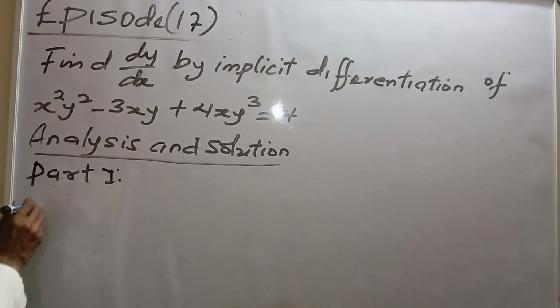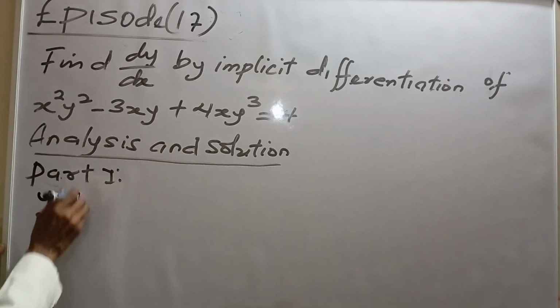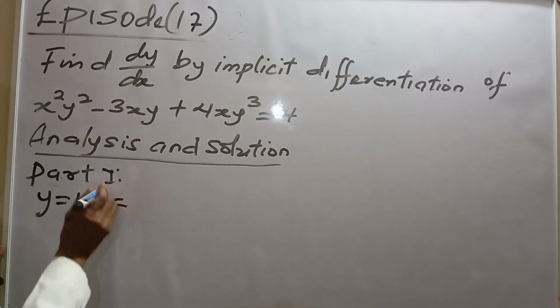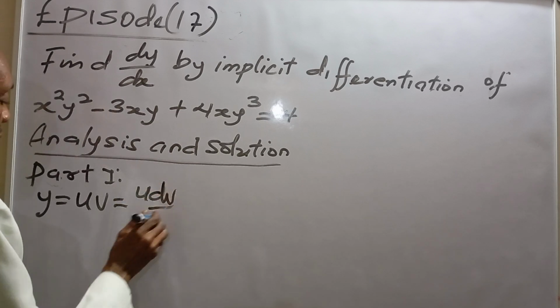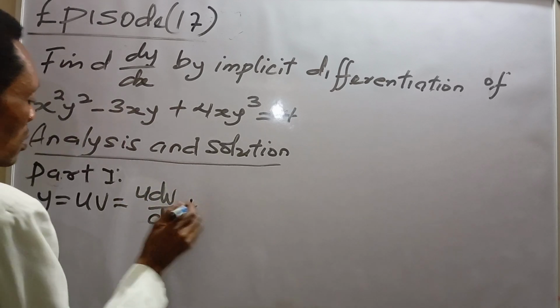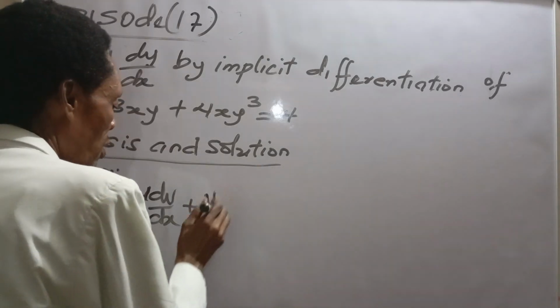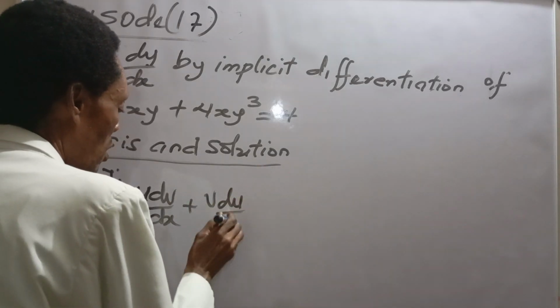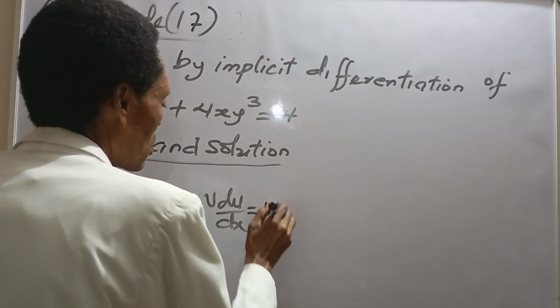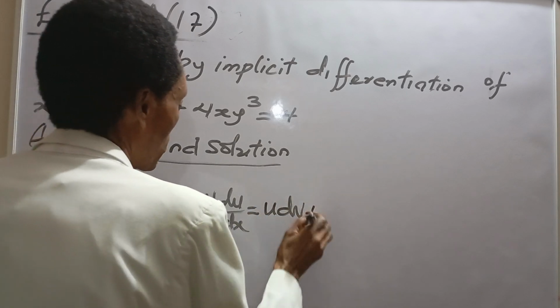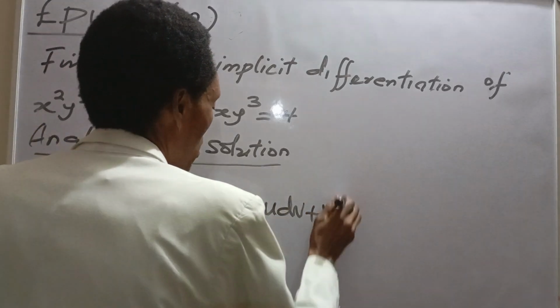You say y equals uv, then dy/dx equals u dv/dx plus v du/dx, that is, u dv plus v du.